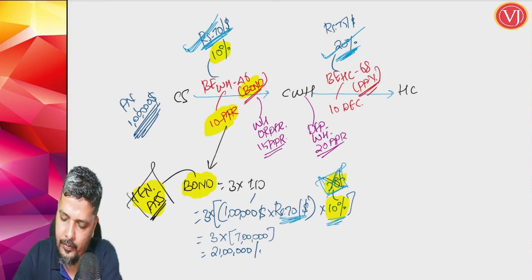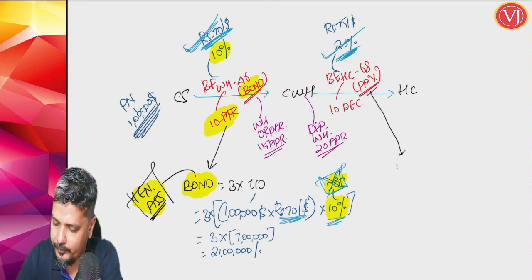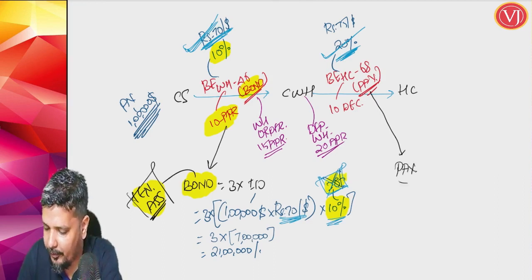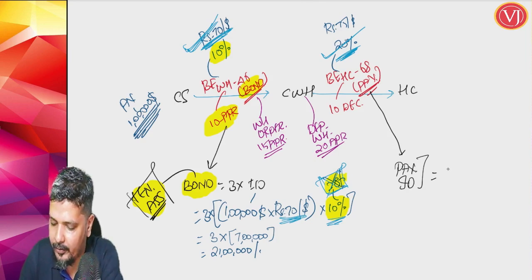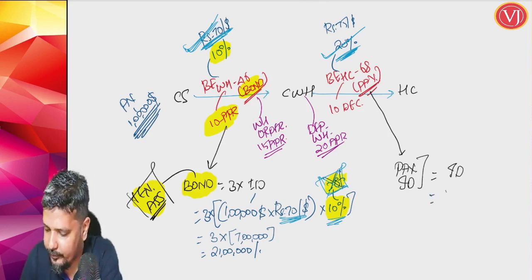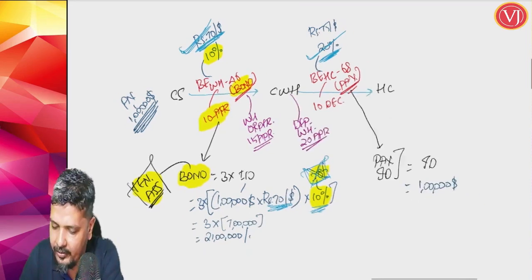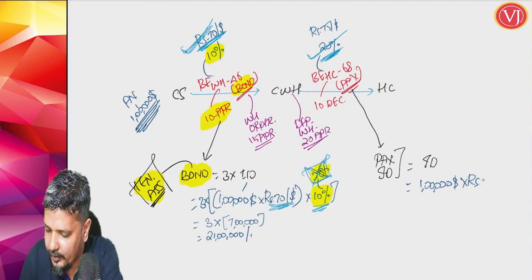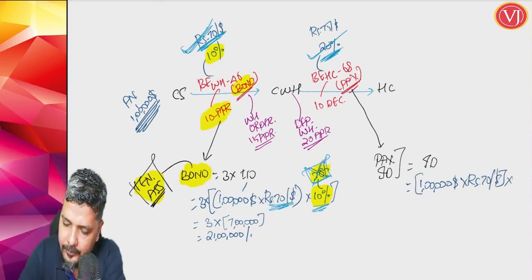Now, this is all about your bond. Now, what is going to be the payment of import duty? I am sure you will be giving the answer very clearly. What is the assessable value? $1 lakh. What is the exchange rate? Exchange rate is first bill of entry. What is the rate of duty?